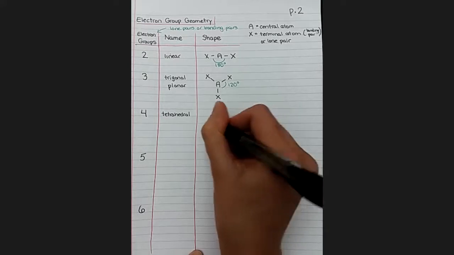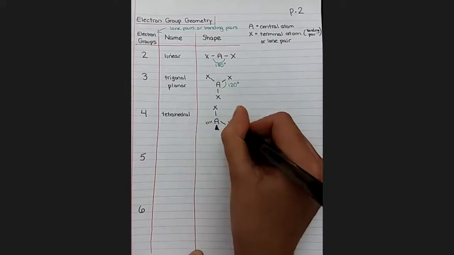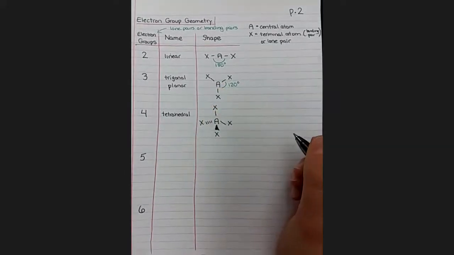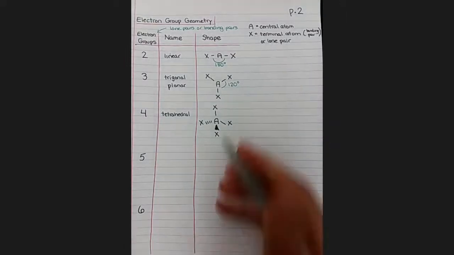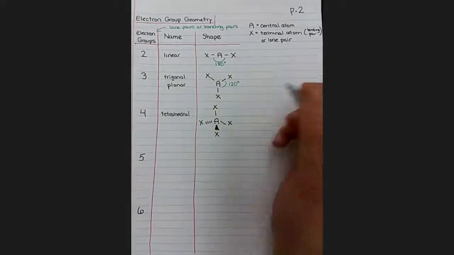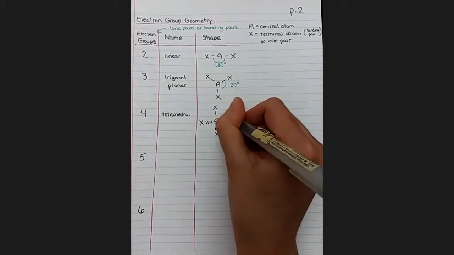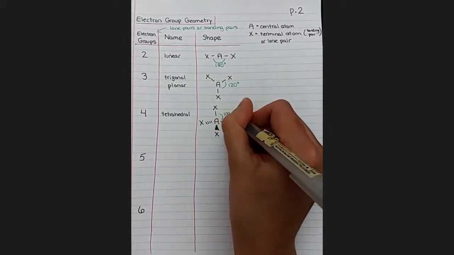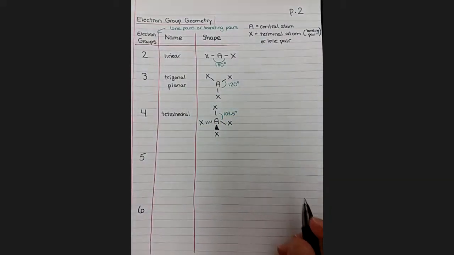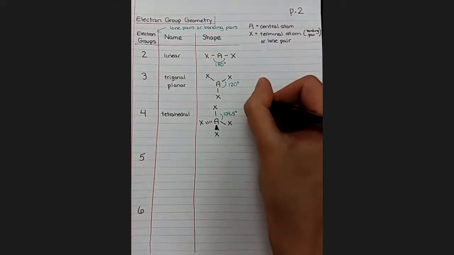And to draw this one, we're going to introduce some new drawing conventions to help us represent something that isn't perfectly flat on a flat piece of paper. So the angle between any of these 2 atoms is always 109.5. They don't look like they're the same size angle on the page, but I promise they are in real life. It's just a feature of the way that it's drawn.